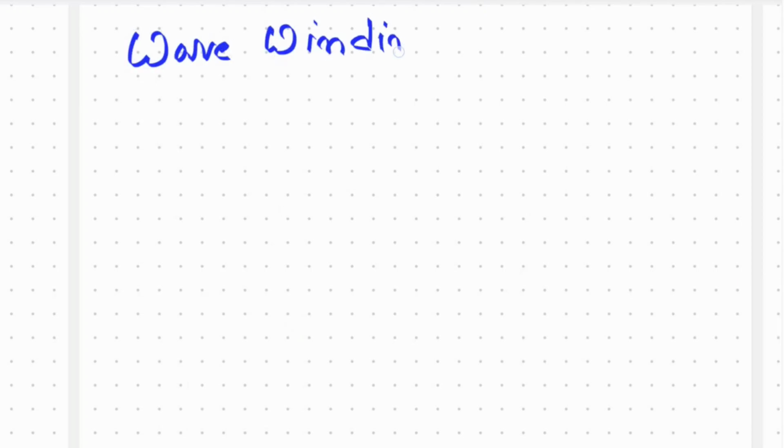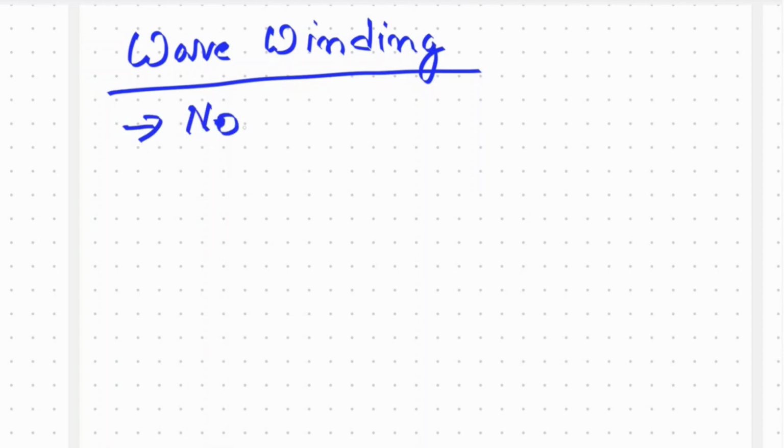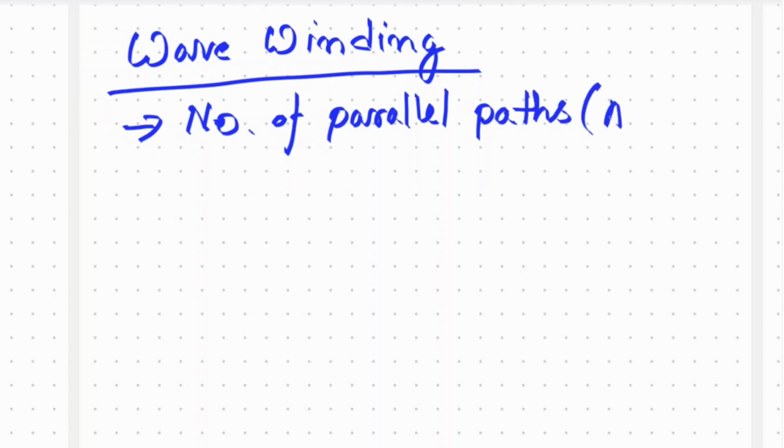Now we'll see the wave winding. In case of a wave winding, the number of parallel paths A is equal to 2 always.